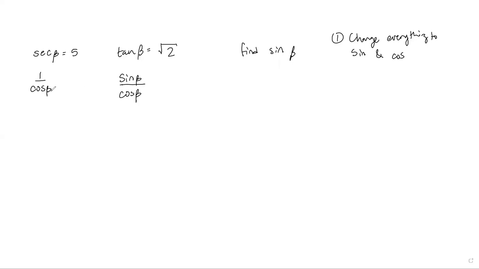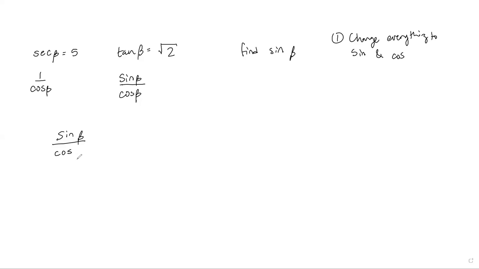Now here, what can we do to cancel out the sine beta over cosine beta and 1 over cosine beta? We want to find an operation: add, subtract, multiply, or divide.